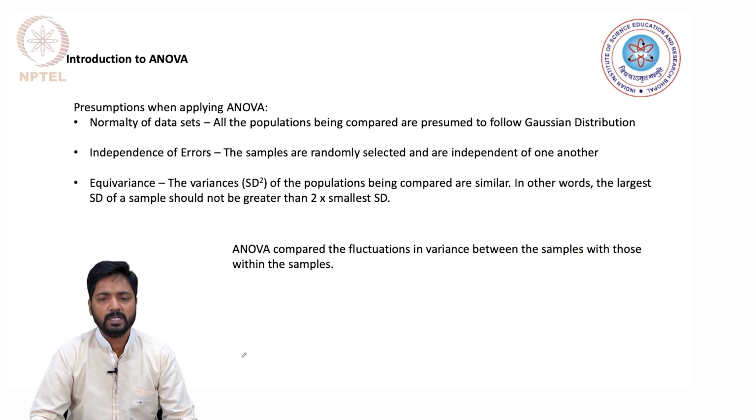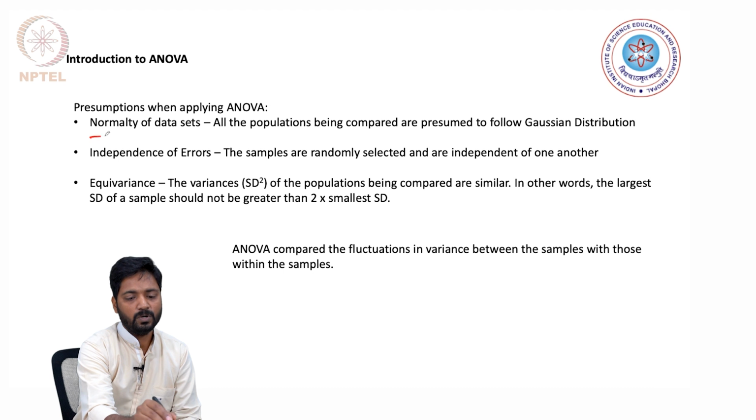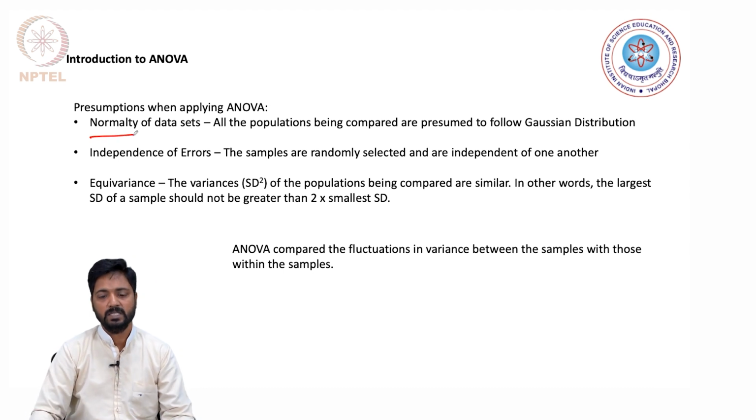So let us get introduced to analysis of variance a little bit. There are certain presumptions, actually three main presumptions, that are made when we apply analysis of variance on a particular data set. The first of these presumptions is the concept of normality of data sets.